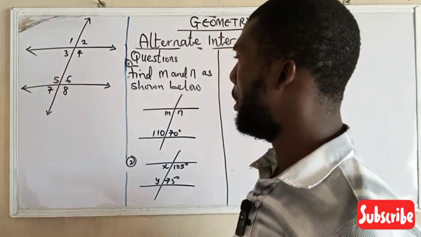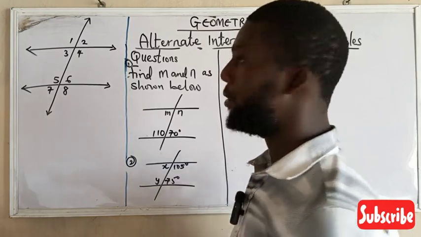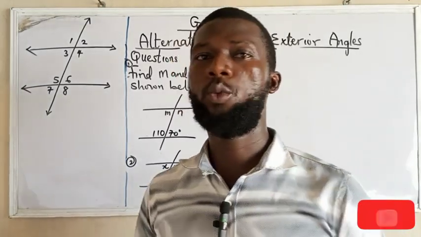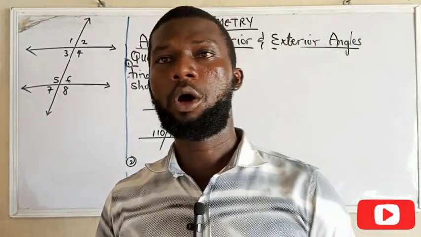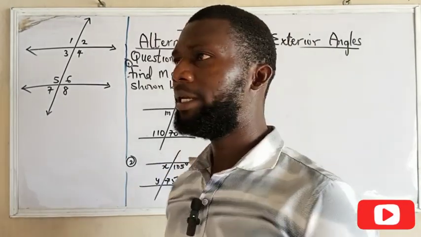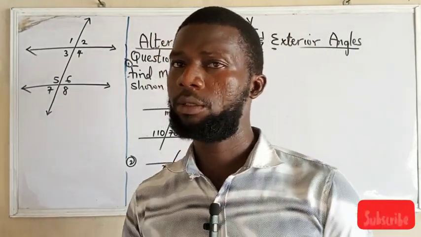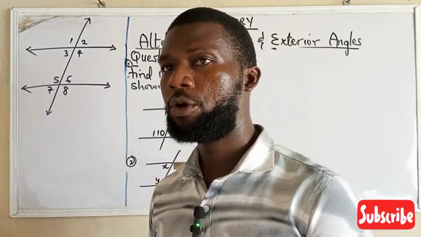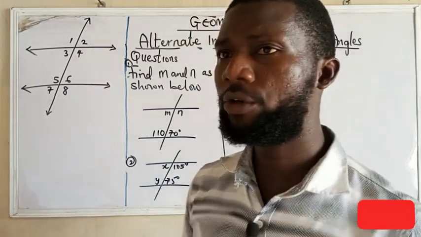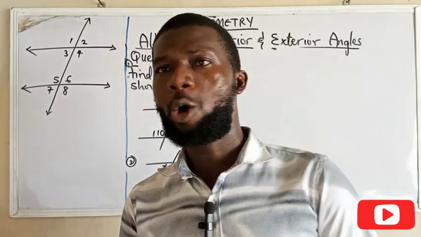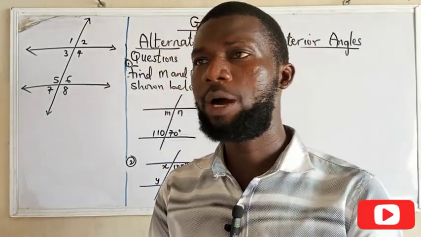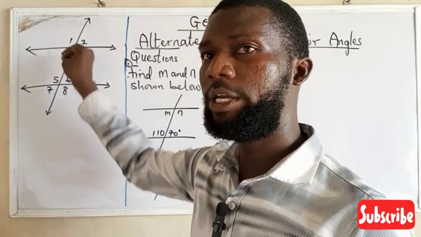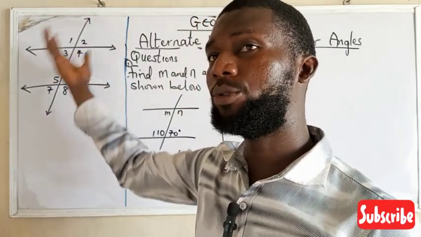So let's proceed. Now, the first question is this: what do we understand by the word alternate? Alternate means opposite. Interior and exterior angles: interior means inside, exterior means outside.